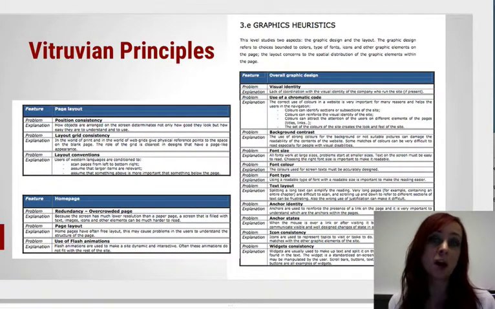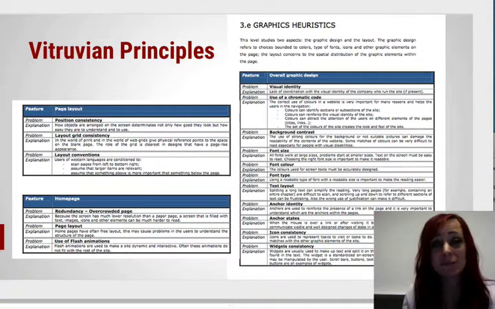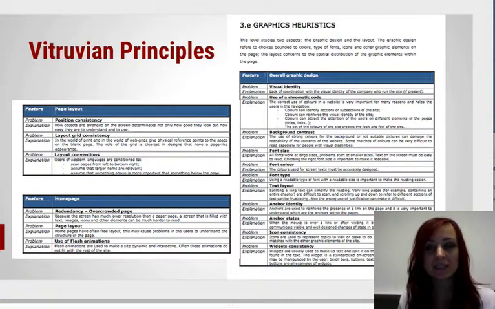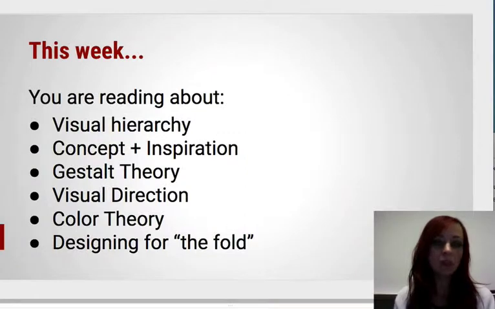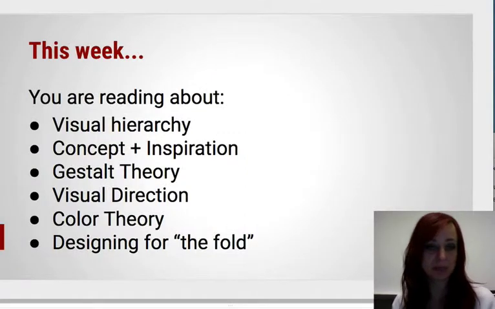Aesthetics goes a little bit beyond that and looks at actually just the beauty of the site. Not only does the site have a visual identity that's consistent and legible, but it also is beautiful and pleasing to look at.